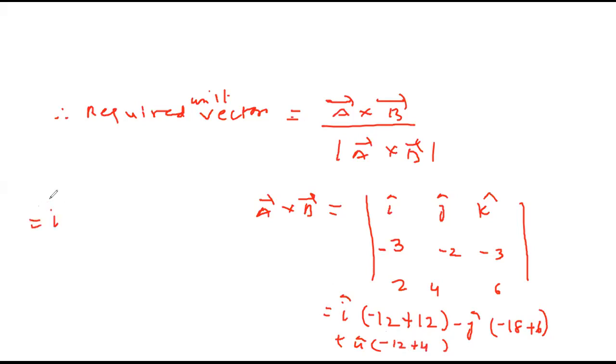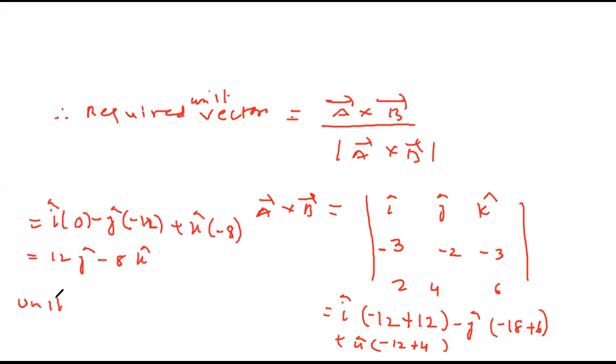So this will become i cap 0, minus j cap bracket minus 18 plus 6 is minus 12, plus k cap minus 8. So this is 12 j cap minus 8 k cap. So the unit vector will be 12j minus 8k upon magnitude, root of 12 square plus 8 square.